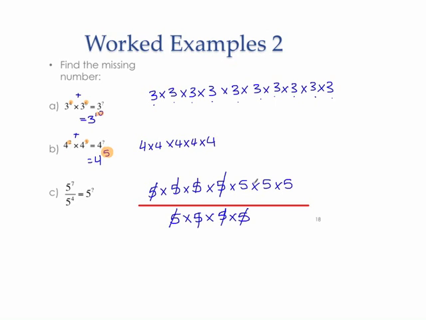So I'm left with 5 to the power of 3. And if I look at the numbers in the original question, 5 to the 7 divided by 5 to the 4, I can just subtract the bottom power from the top. So essentially this is saying 5 to the 7 minus 4 is equal to 5 to the 3.